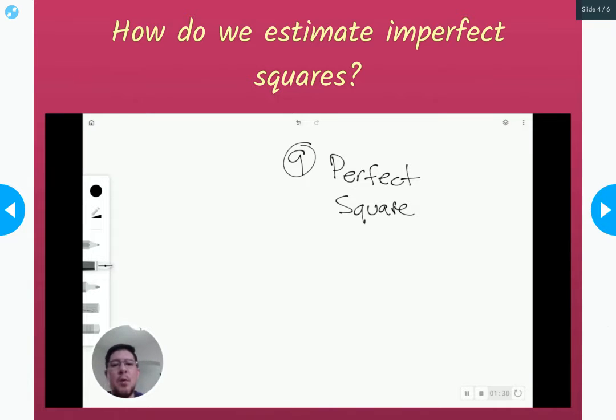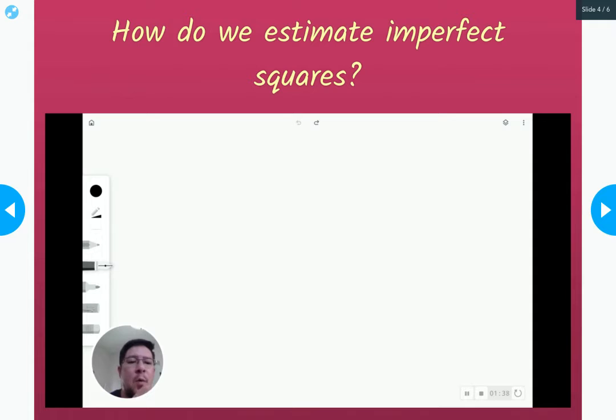So now that we know what a perfect square is, let's talk about the perfect squares between the numbers 1 and 10. Let's start with the number 1. Well, can you guys think of any two identical whole numbers that, if I multiply them together, I can get 1? I can. I know that 1 times 1 gives me 1.